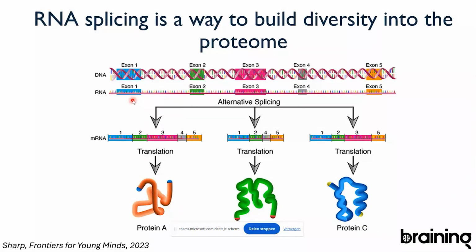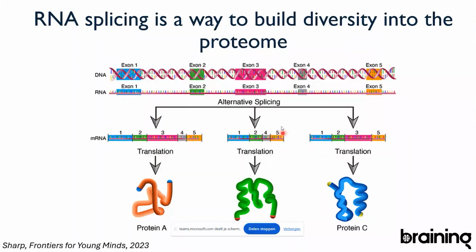However, splicing for a certain RNA molecule does not always happen in the same way, right? Splicing of the same RNA molecule can give rise to multiple different mRNA molecules. For example, that's what you see here. In the first molecule, you have exon 1, 2, 3, 4, 5.